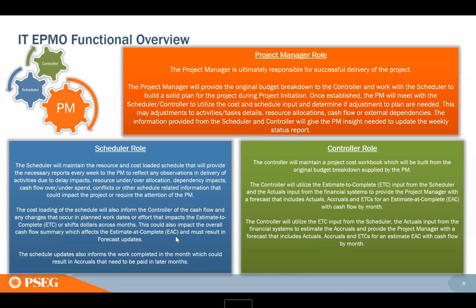So it's 3 very important roles, but the PM being ultimately responsible, with your scheduler and your controller being in those support roles, and they really should act as analysts. They should be diving into your schedule, diving into your cost workbook, and providing insight back to you.